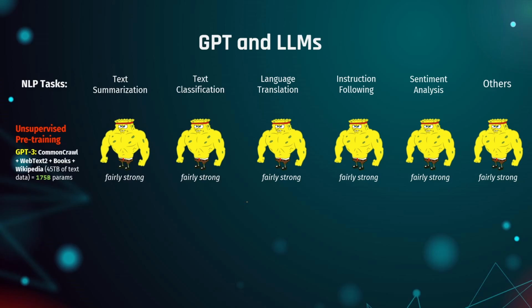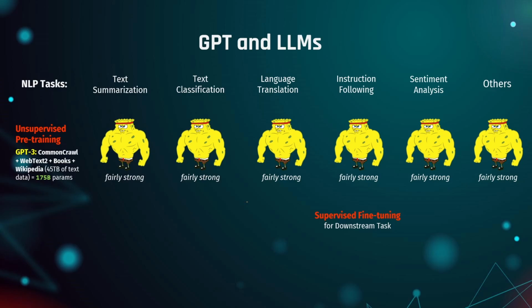And this unsupervised pre-training is immediately followed by supervised fine-tuning, where we train our model in a supervised manner, where for a particular downstream task we show our model, well, if this is my input, then this should be my output. And what's the result?